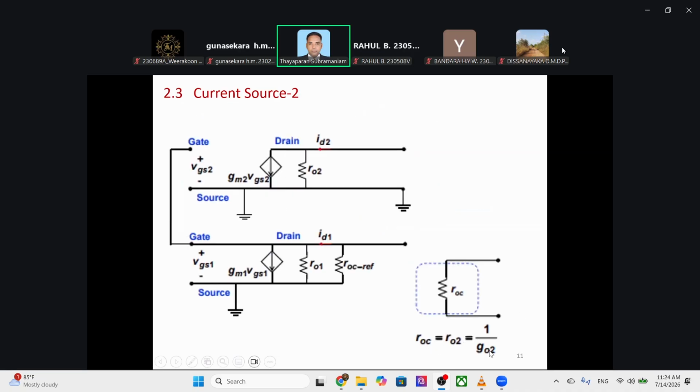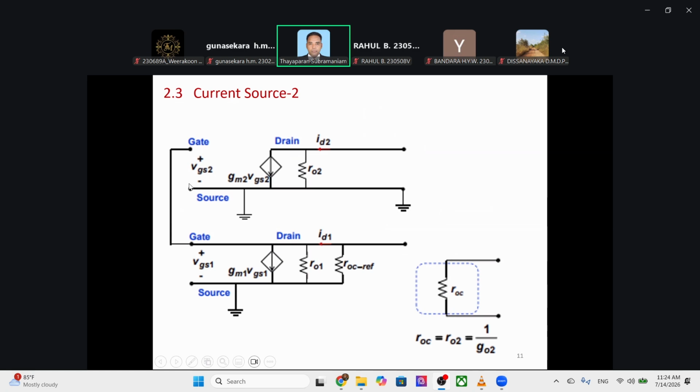That's why our output impedance is 1 over g out 2. Now I have to draw the equivalent circuit. Consider this one.